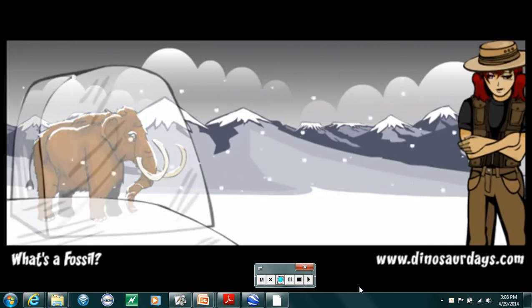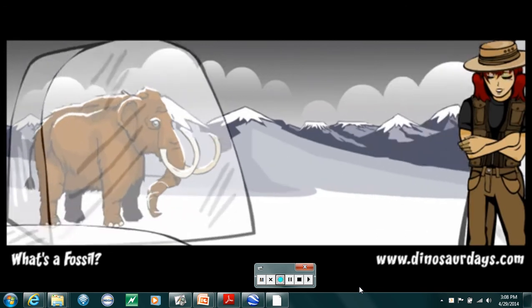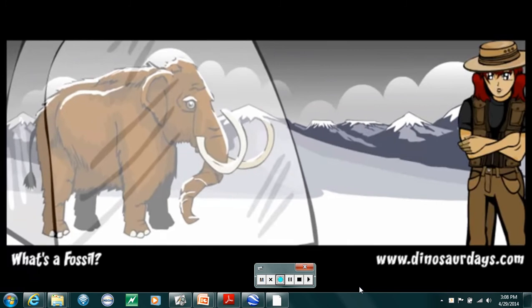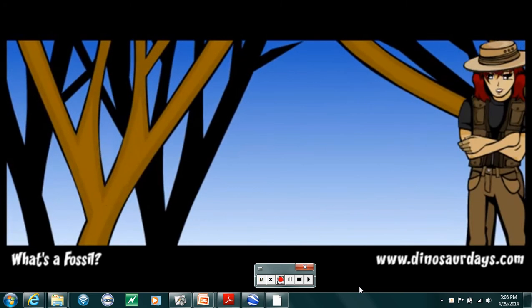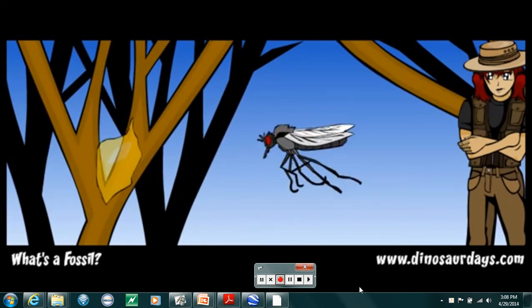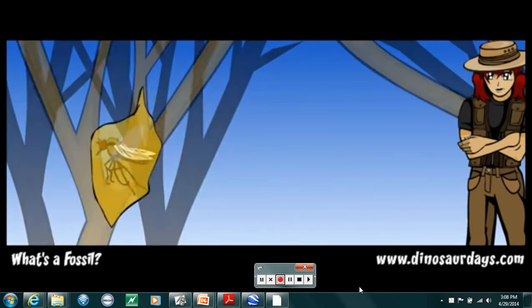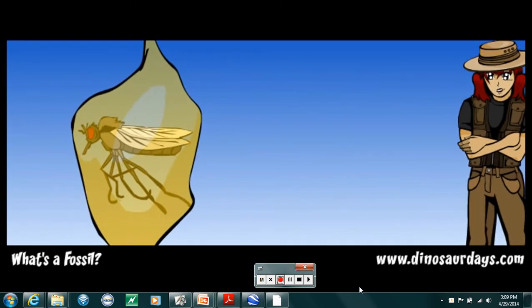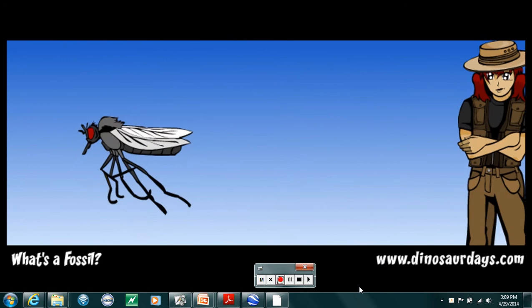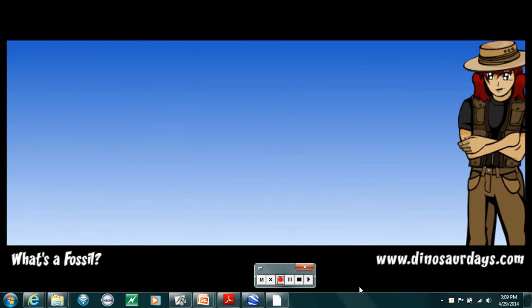The ice stays frozen for thousands of years, and paleontologists are lucky to find a whole creature that has barely changed over time. Or an insect gets stuck in tree sap. The sap hardens into a hard, clear material called amber. These creatures look just the way they did when they first wandered into the sap millions of years ago.